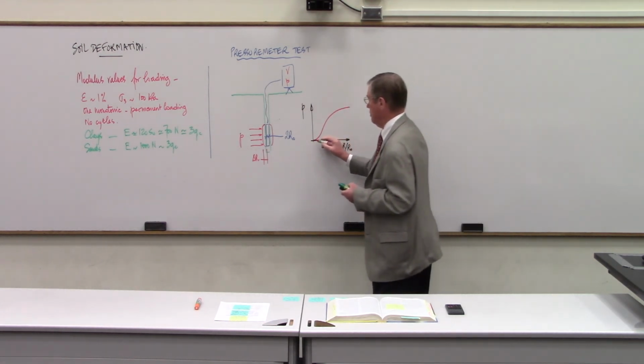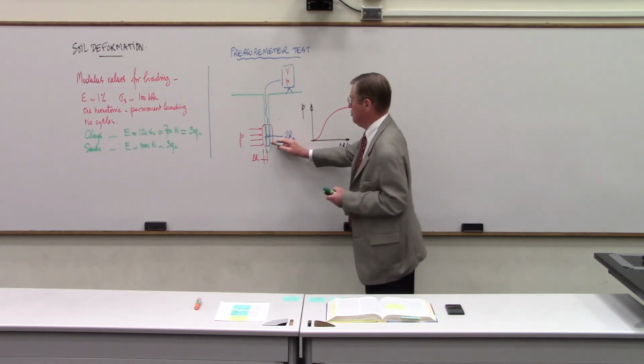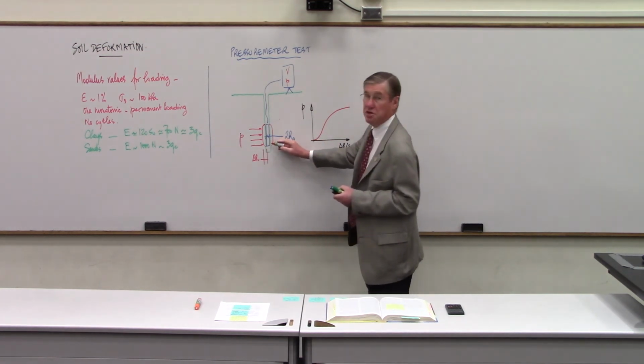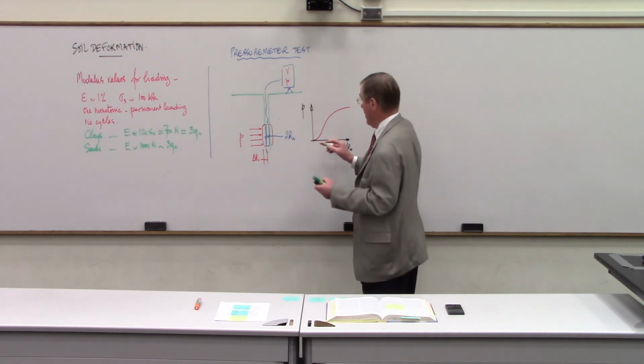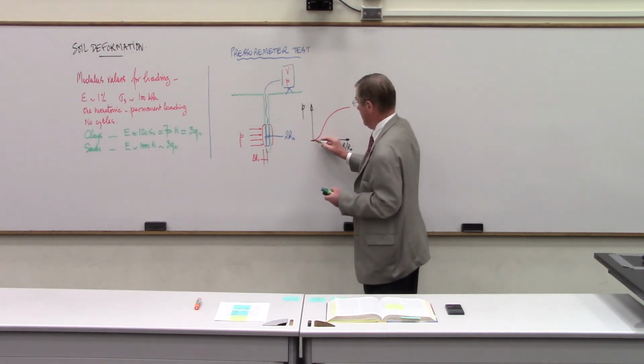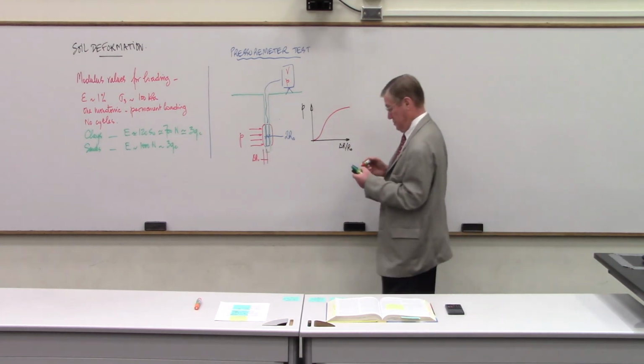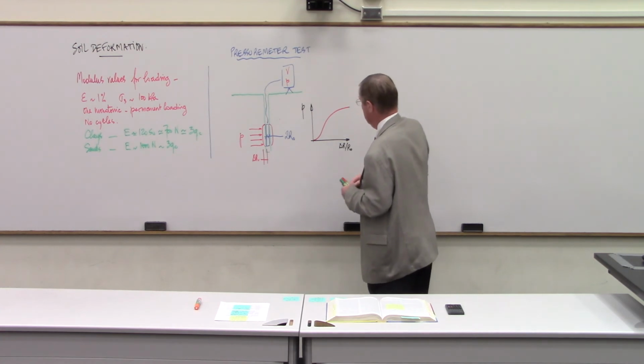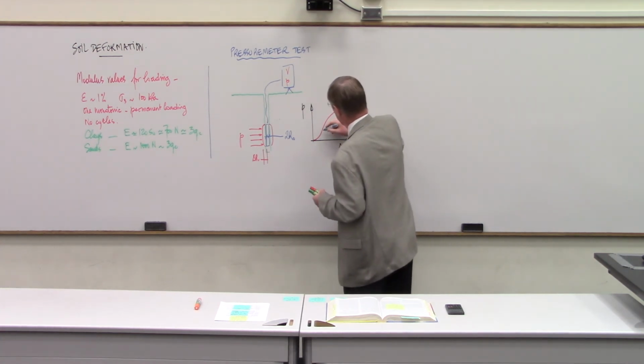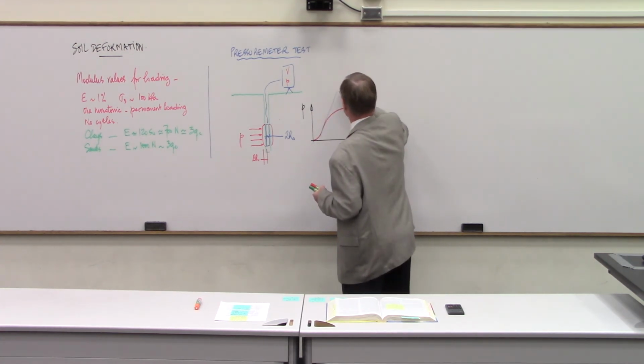And at first, the blue probe doesn't touch the green hole, so there's a gap, and so the blue probe expands and finally touches the hole, and then you get into the linear part of the behavior. Right here, you have a slope from which you're going to get the modulus.